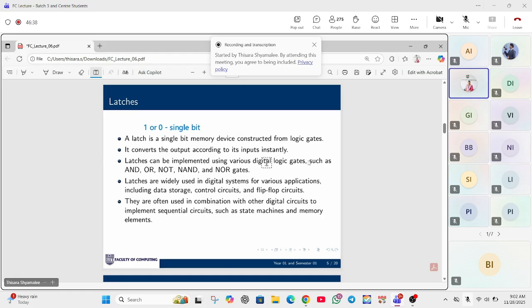Third point, latches can be implemented using various digital logic gates such as AND, OR, NOT, NAND, and NOR gates. Another thing is there are so many different types of latches: SR latches, T latches, and more.